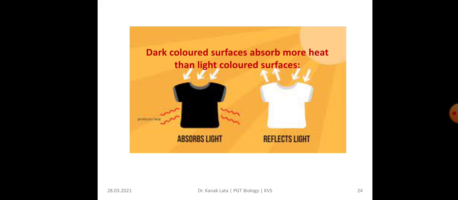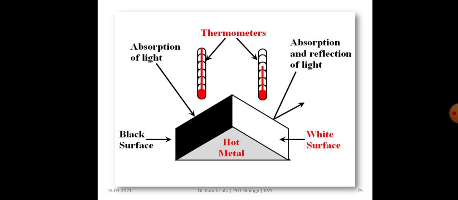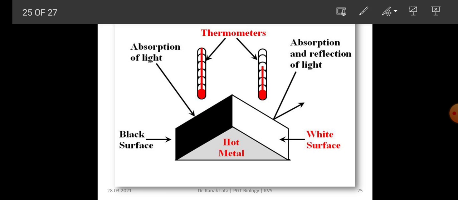Here dark colored surfaces absorb more heat than light colored surfaces. It is seen in the figure that dark colored cloth absorbs more heat and white colored cloth reflects the sun. This is the pictorial form of a black surface and a white surface.